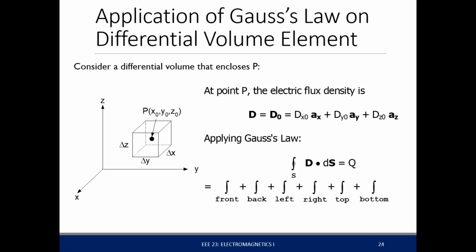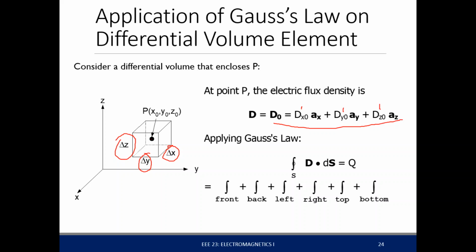It's a rectangular prism with sides delta z, delta y, and delta x. At the point P, we have an electric flux density defined by this equation. It has a value Dx0 at the x component, Dy0 y component, and Dz0 z component.